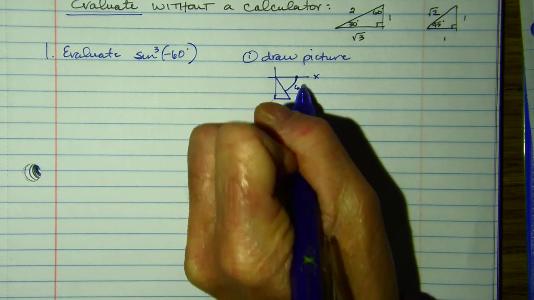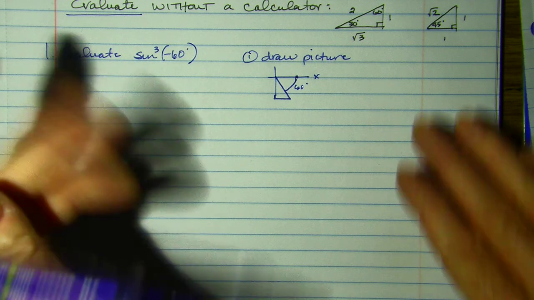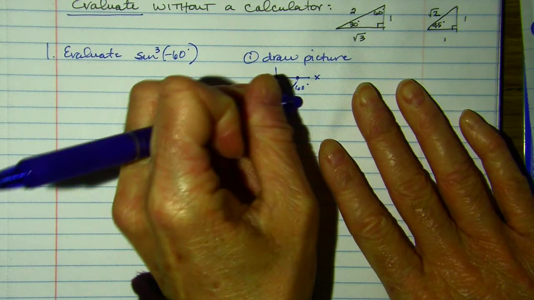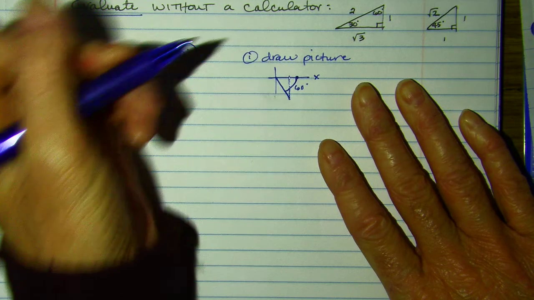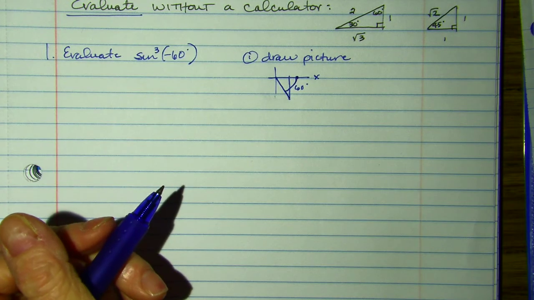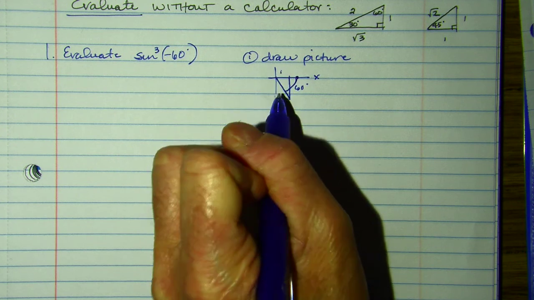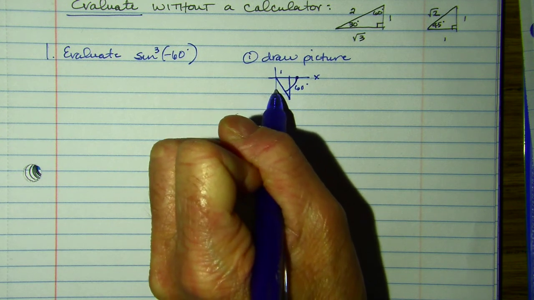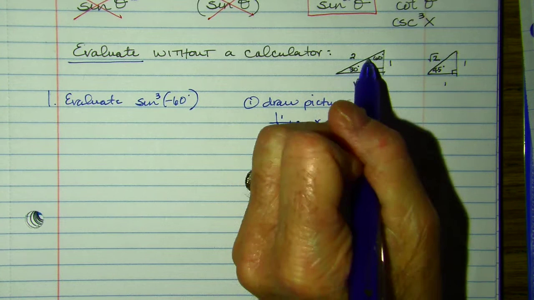60 degrees. I should redraw this. So I went 60 degrees, and I went negative. This is 1, this is 2, and this side over here would be root 3, because I'm looking at the 60 degree.